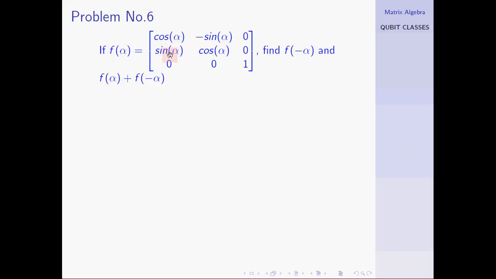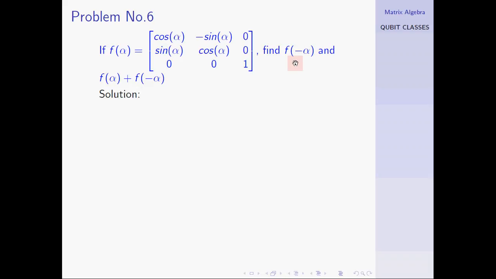Each element of this matrix depends on the value of alpha, at least the elements which contain the trigonometric functions. Nothing will happen to this 0, 0 and this one. So let us first find f of minus alpha.